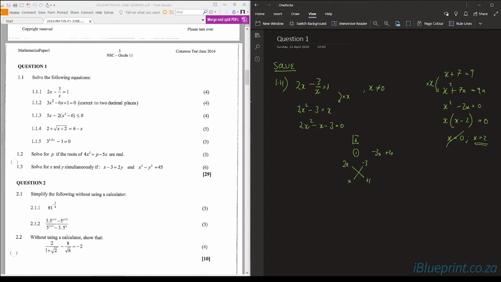So the way you check this is, does this part here, the product of this gives me 2x squared. The product of this gives me minus 3. If I take 2x minus 3x, I get minus x. So then the factorization is 2x minus 3 times x plus 1 is equal to 0.